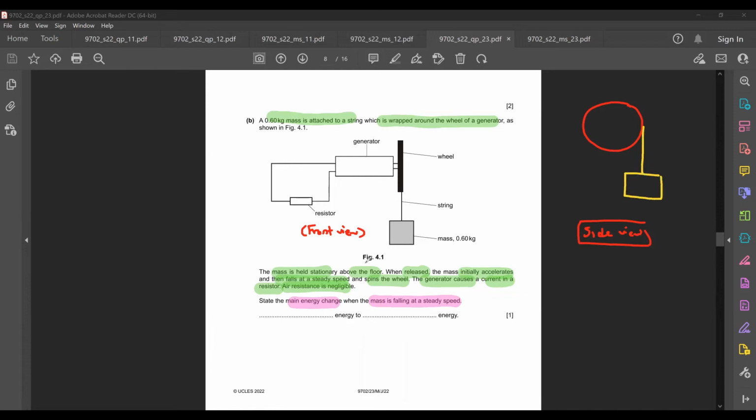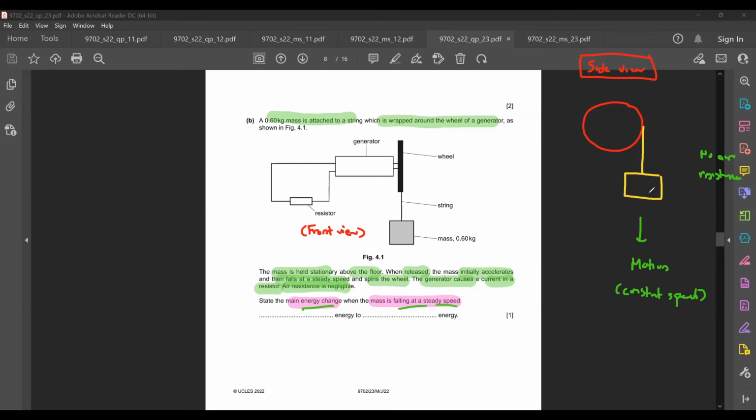So what you understand was that your object will actually fall downwards. Your direction of motion is downwards, but this one is moving with constant speed. Okay, it fell down with constant speed. And then another thing here that they mention is no air resistance. So the mean energy change when the mass is falling at steady speed.